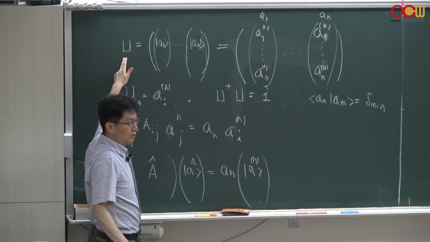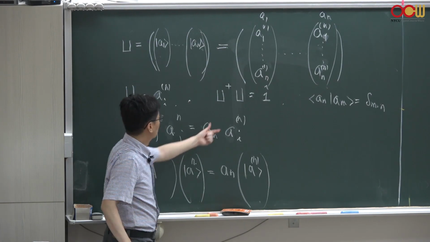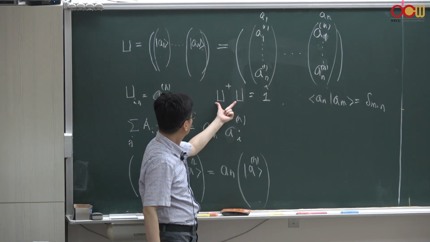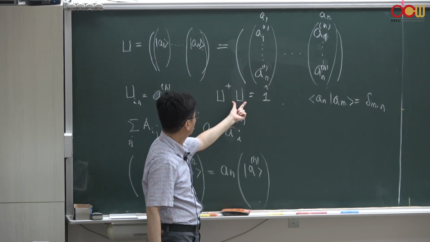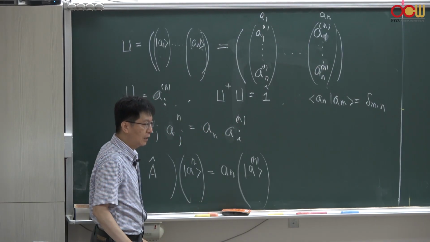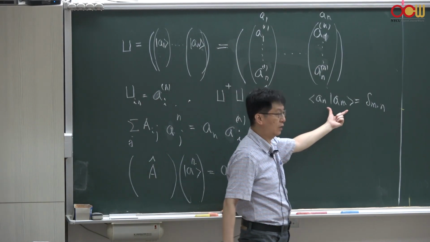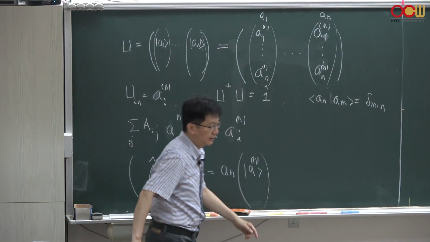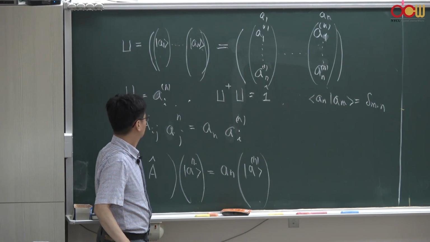I can define this unitary matrix U, which satisfies unitarity. If you take the dagger of this, multiplied by U, you get a unit matrix. This is obvious because of the orthonormality of the eigenvectors |a_n>.